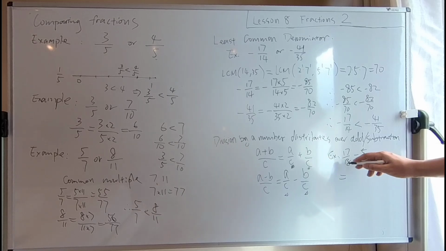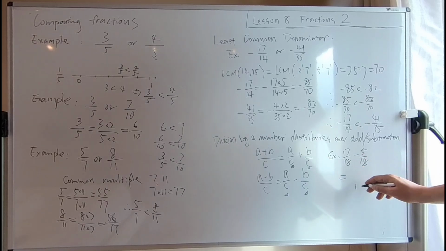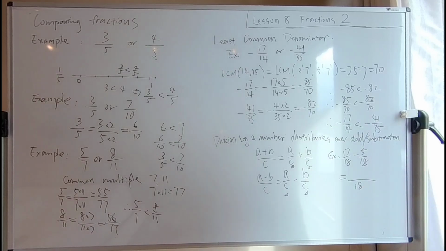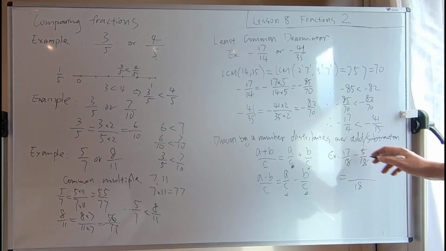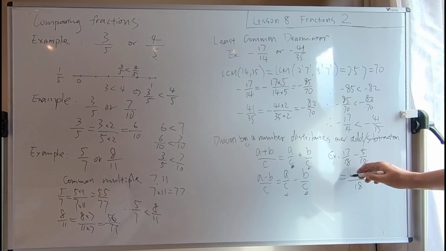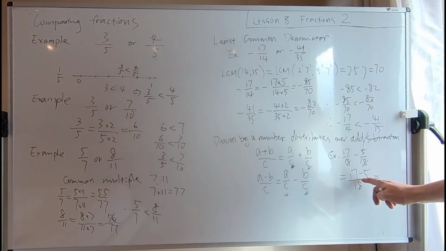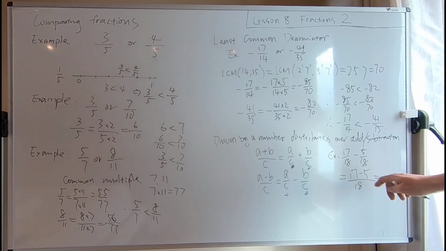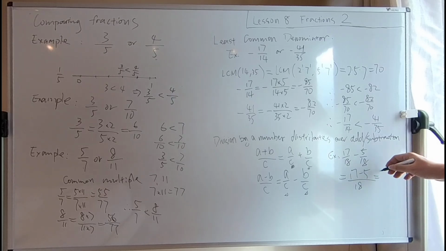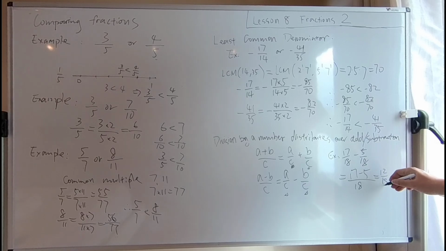The common denominator here is 18, so I can just write 18 as the denominator, and the numerator would be just 17 minus 5. So I can simplify the subtraction in the numerator first, which gives you 12 over 18.